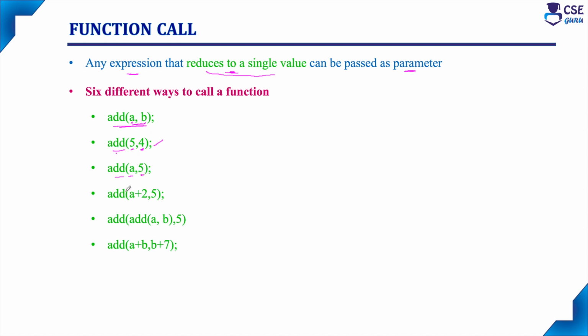Or otherwise, add(a + 2, 5). What is the value stored in a? Add 2 to it, and that reduces to a single value. Suppose a value is 4, then 4 plus 2 gives 6, so the parameters are 6, 5. Anything that reduces to a single value we can use as a parameter.